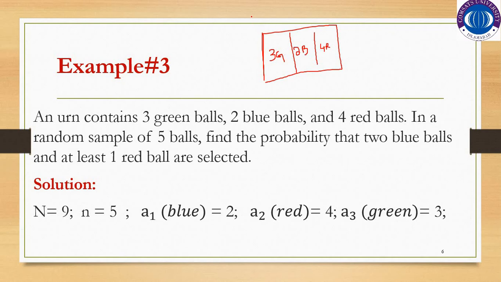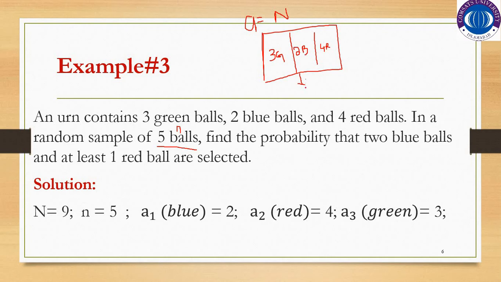So they are total 9 balls. So this 9 will be equal to capital N. And what they are doing, they are taking a sample of 5 balls. So this is the small n.